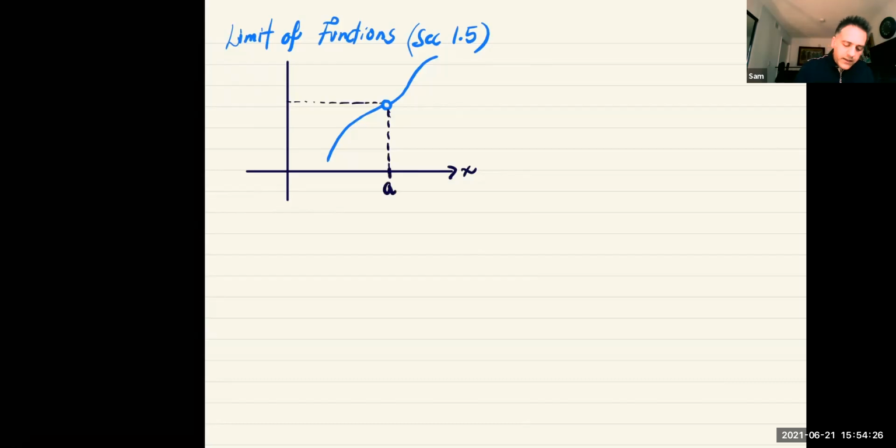And let's say that this value, the y value, is L, okay?